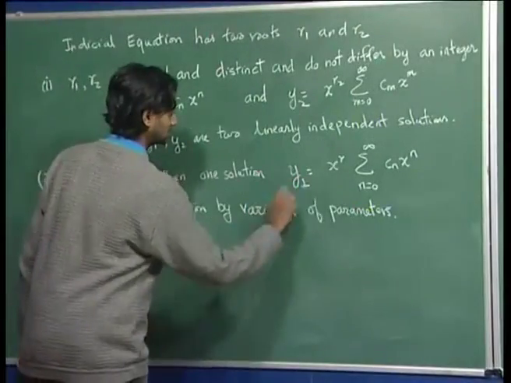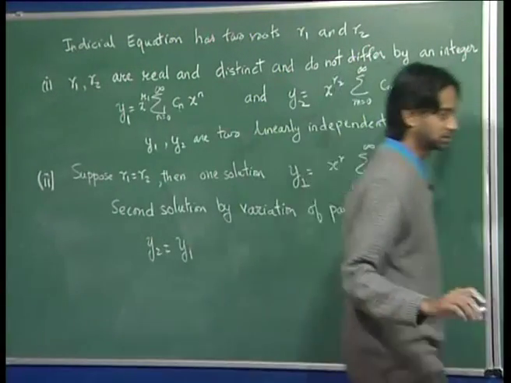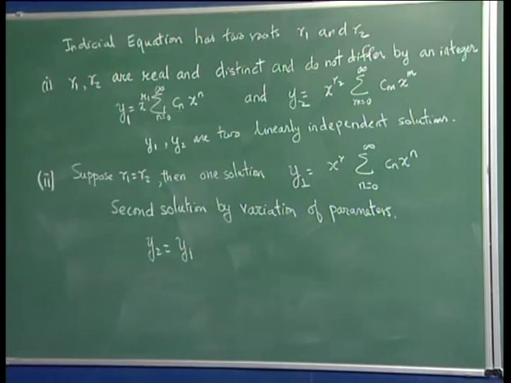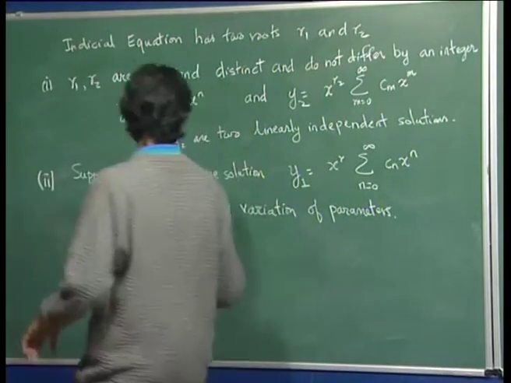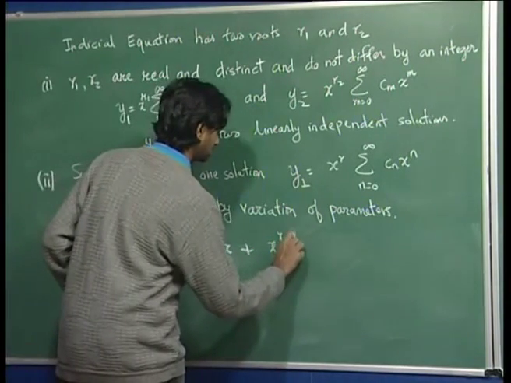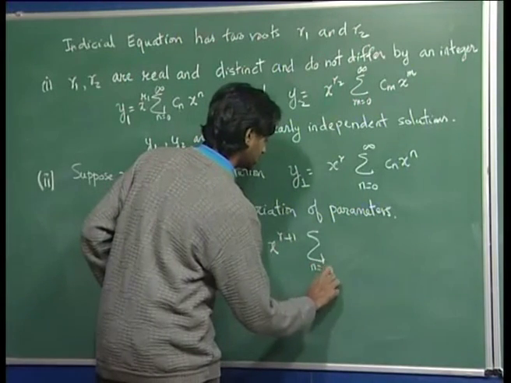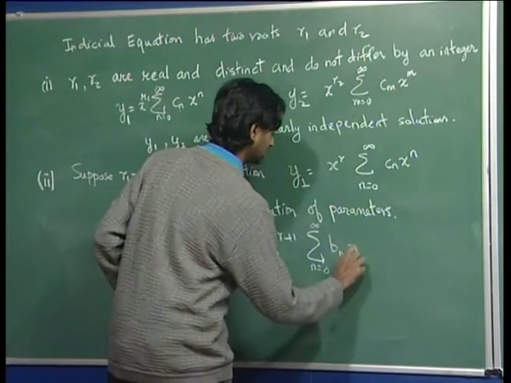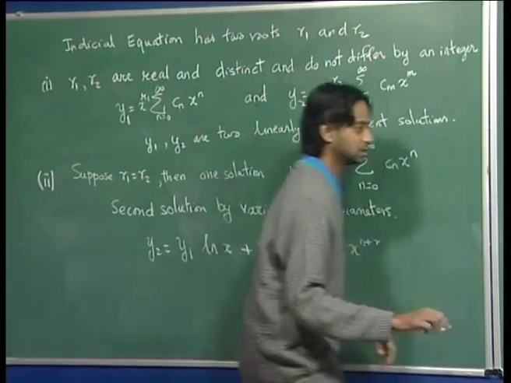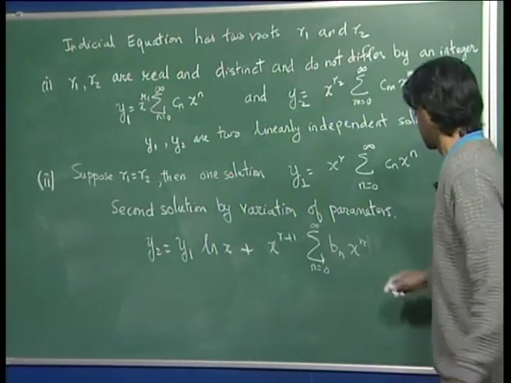So, y 1 is this, y 2 is equal to y 1 times natural log of x plus x raised to r plus 1 sum over n equal to 0 to infinity b n x raised to n plus r. Okay. B n x raised to n, sorry, x raised to n.